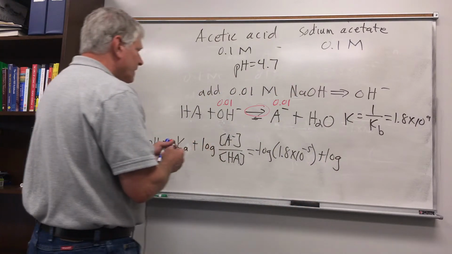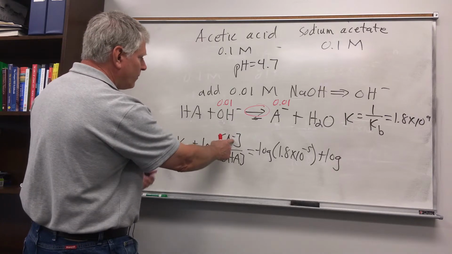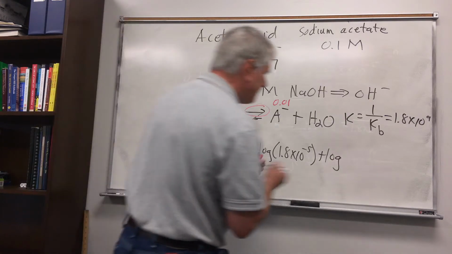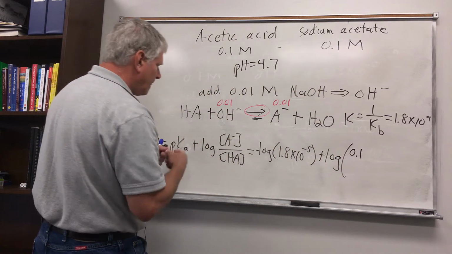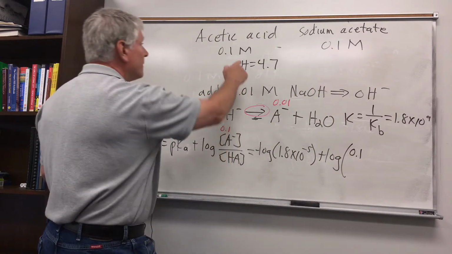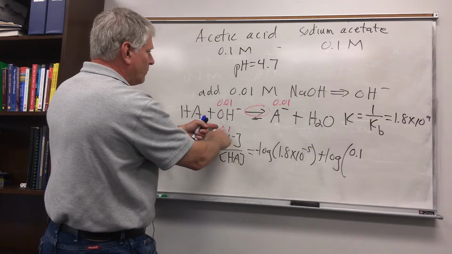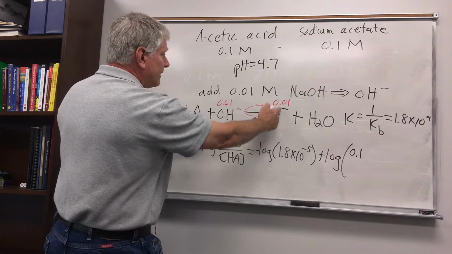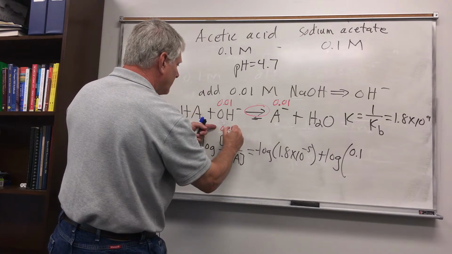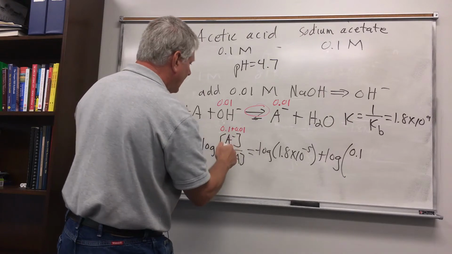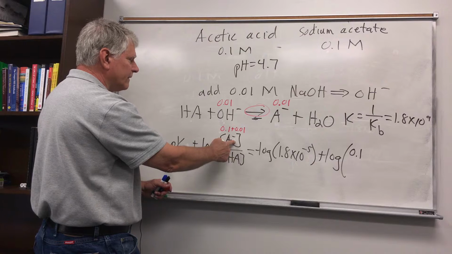Now, in this case, we start with 0.1 molar A minus. That's our initial amount, 0.1 molar sodium acetate. And we're forming an additional 0.01 molar from this reaction. So we have to account for that in the Henderson Hasselbalch equation.